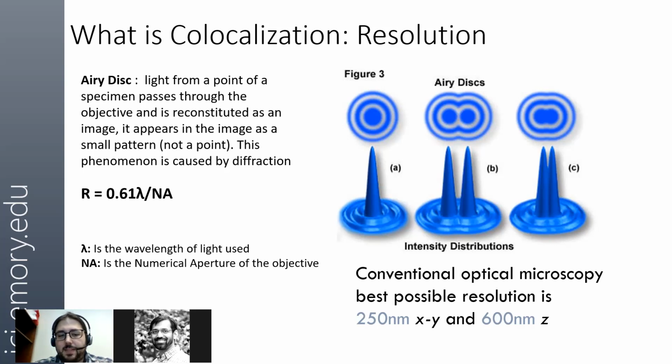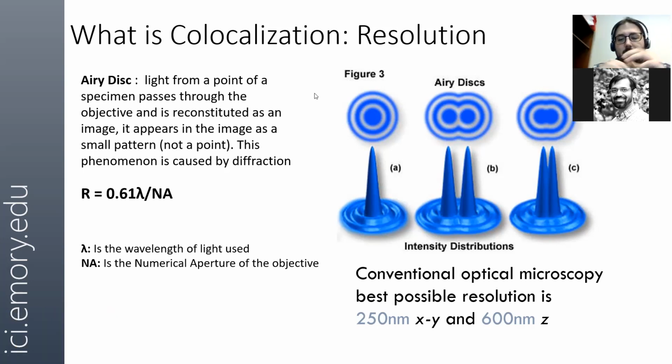Longer wavelengths can't resolve details as finely, but they're also less damaging to tissue. For typical optical microscopes, I should say, we can achieve a resolution of around 250 nanometers.